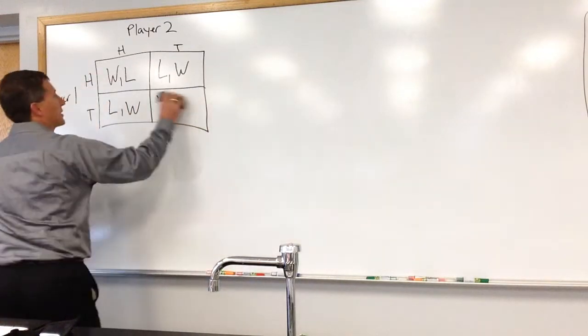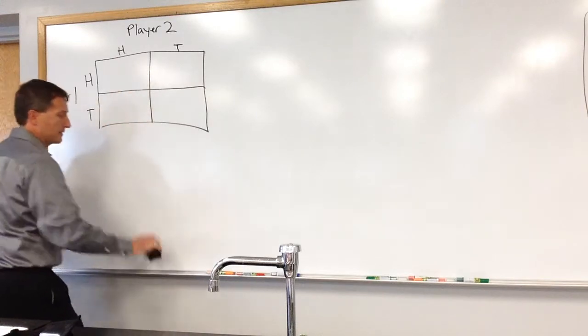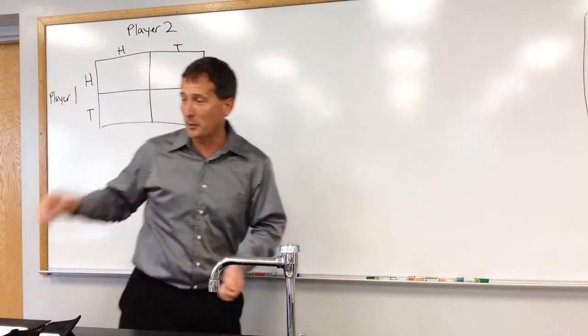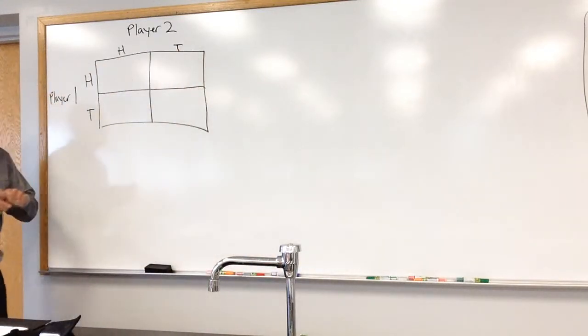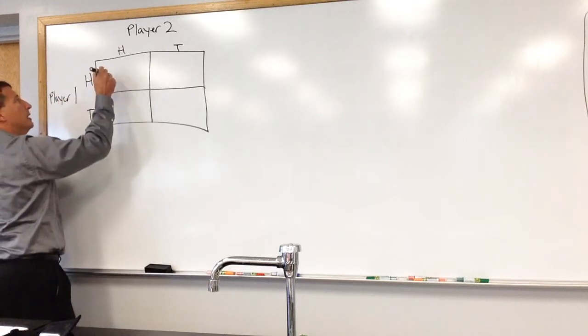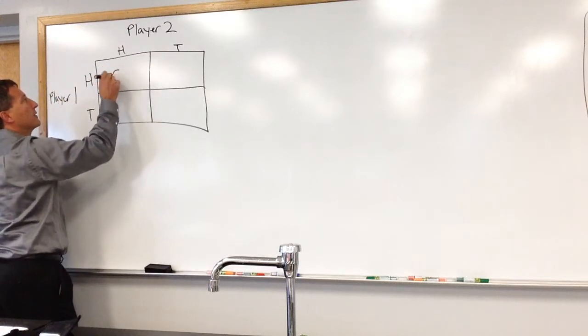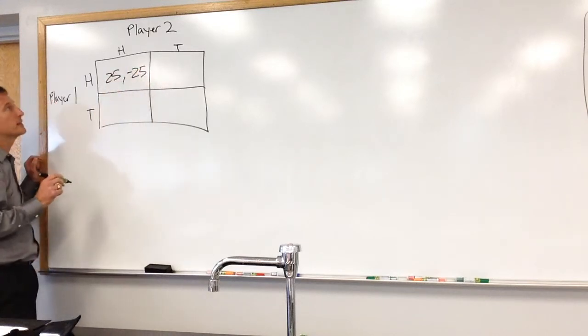So, everything else Marshawn had here was correct. But these payoffs, we started with 25 cents. So even though we ended with 50, that's not what we won. Right? So when player 1 wins with a match, they win 25 cents. And player 2 loses 25 cents.